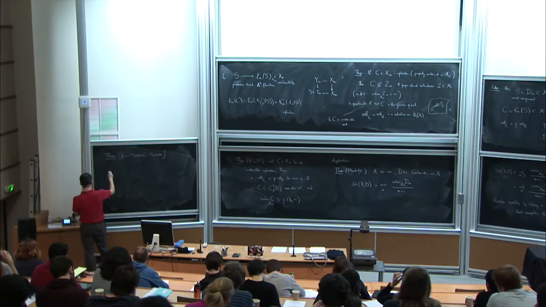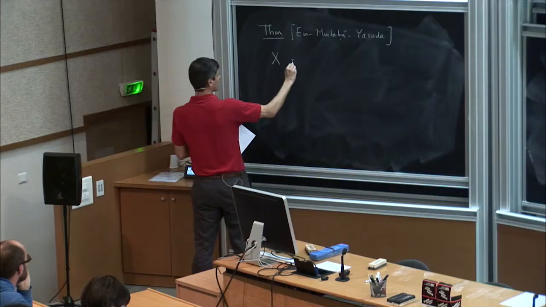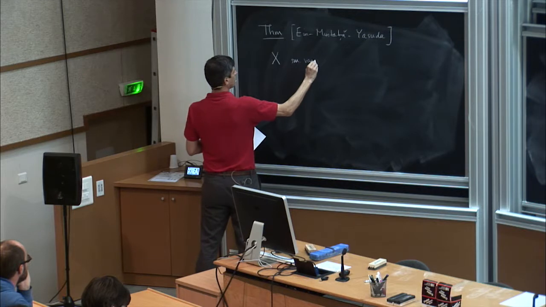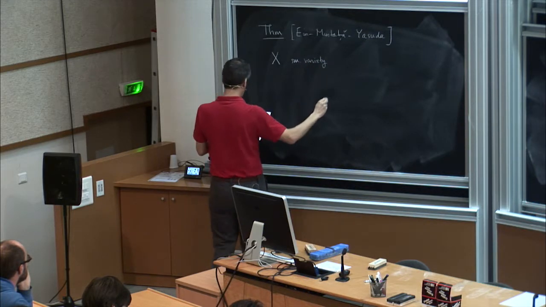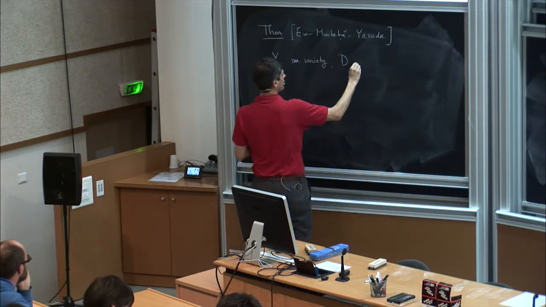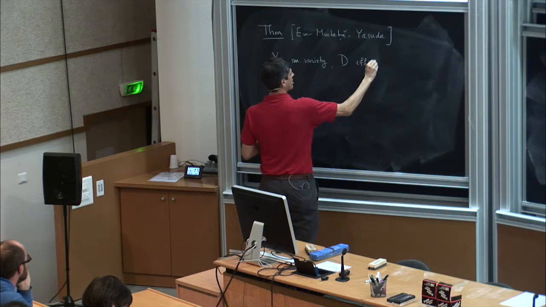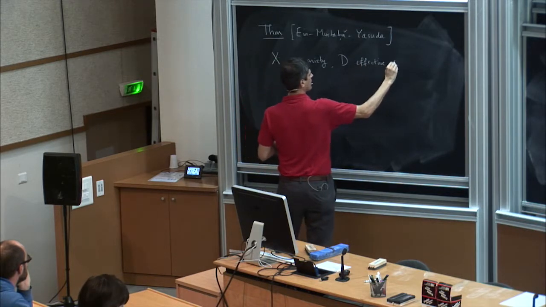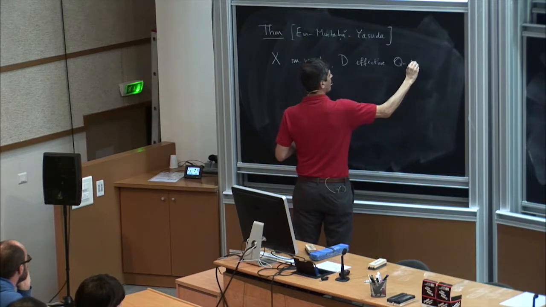So here's the statement. X, again, is a smooth variety. And D now is an effective Q-divisor.